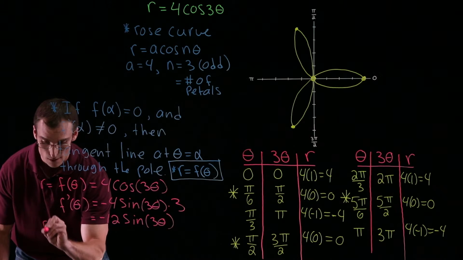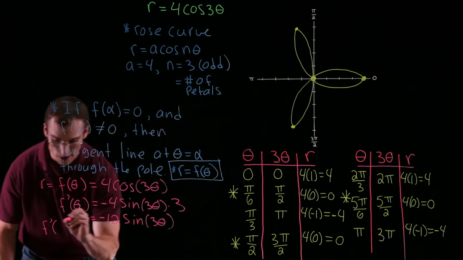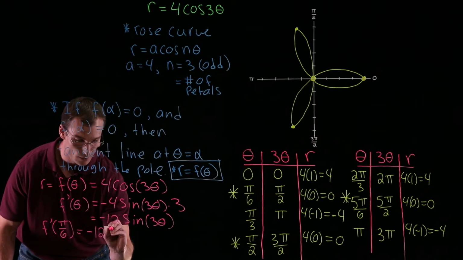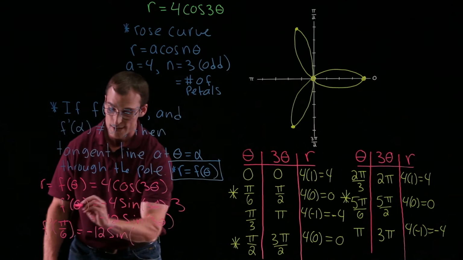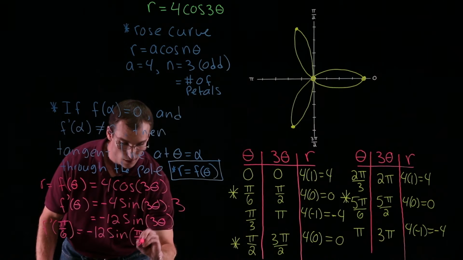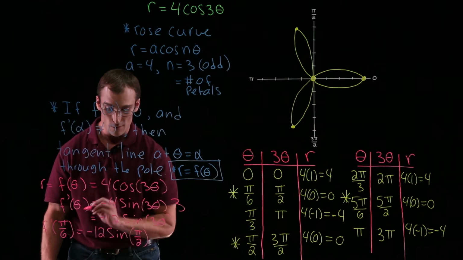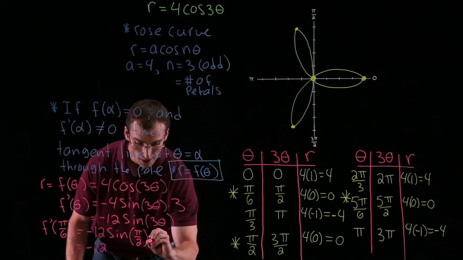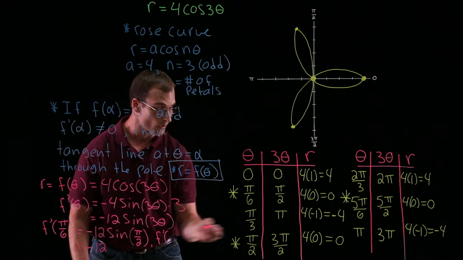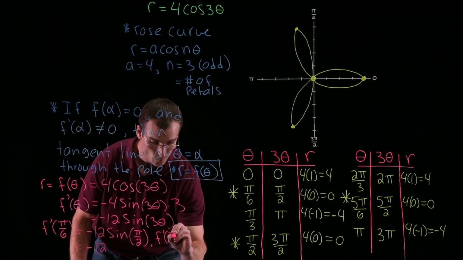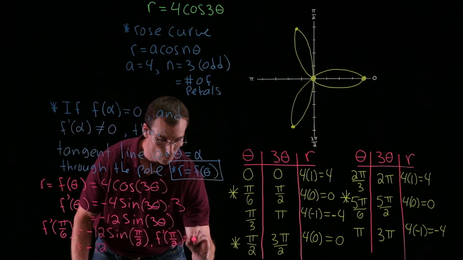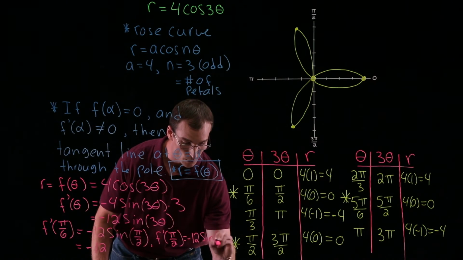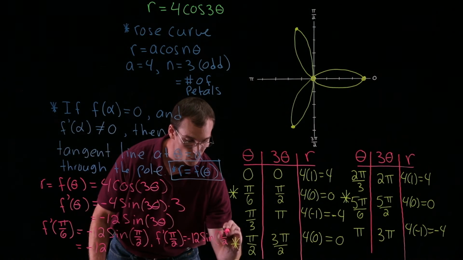Okay, now we're just going to check those angles in here to see that they're not equal to 0. So we're going to look at f prime of our first angle, pi over 6, which is equal to -12 times sine of 3 times pi over 6, which is pi over 2, and sine at pi over 2 is 1, so this is -12. Not equal to 0. And f prime of our angle pi over 2 is equal to -12 times sine of 3 times pi over 2, or 3 pi over 2.